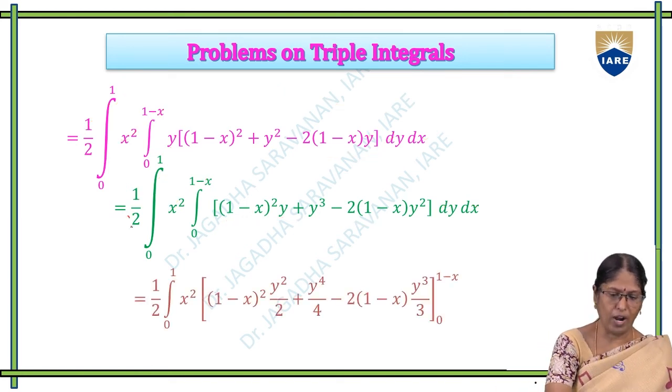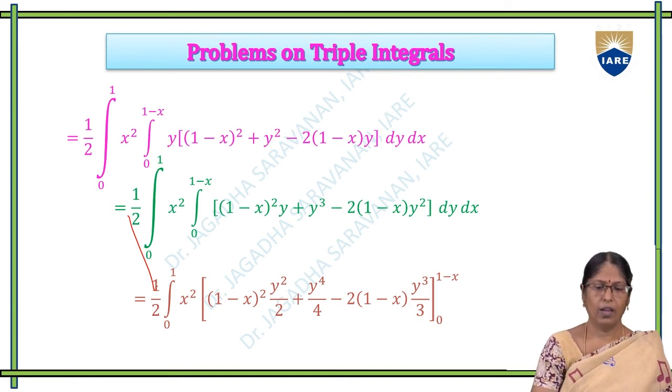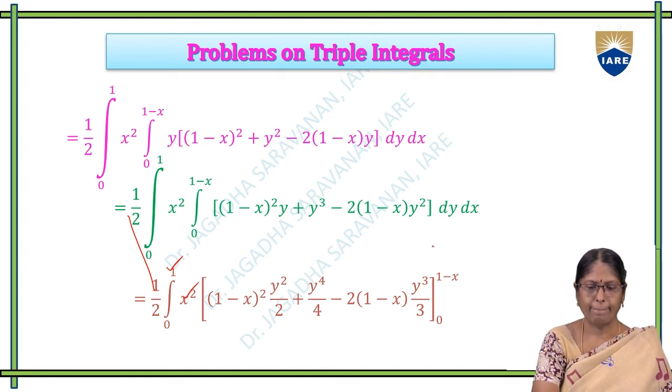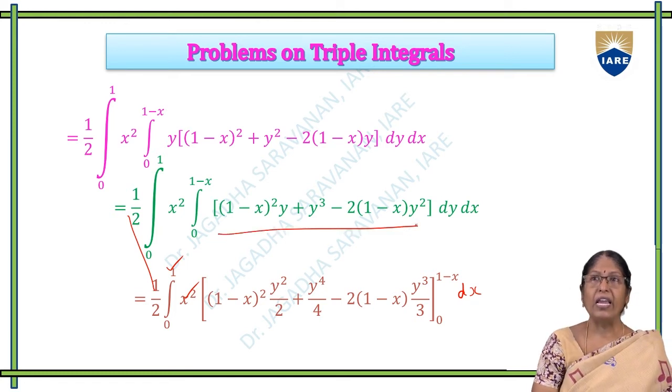Next, 1 by 2 integral 0 to 1 x square, and here dx should be written. Here we have done it.